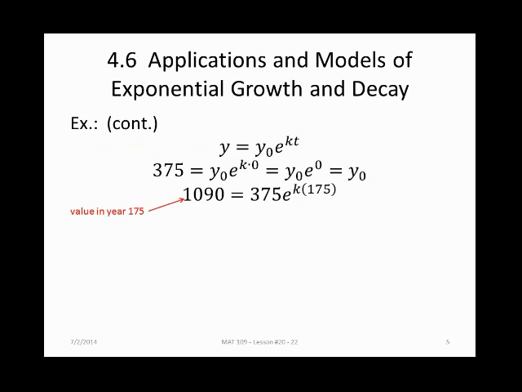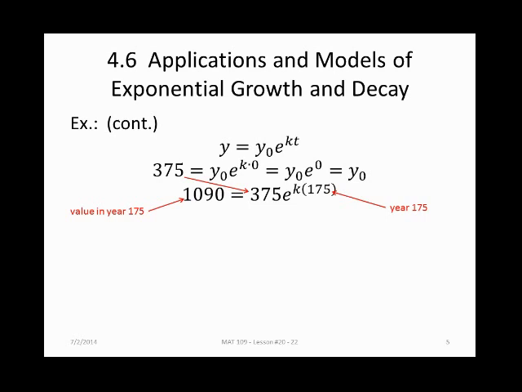So the value in that year was 1,090 parts per million. We're going to take the value for y sub 0 that we calculated up here, and we're going to put it here. And we're going to put the time, which was 175, in for t.